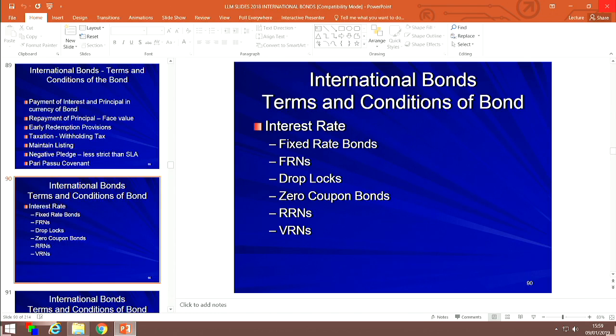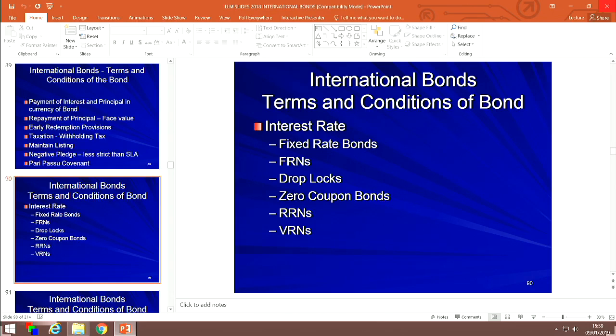That looks good until you realize that the clause also makes it very clear that once the interest rate locks at the threshold floor level, it doesn't change for the rest of the life of the bond. So if LIBOR interest rates rise in the markets, it doesn't unlock itself.